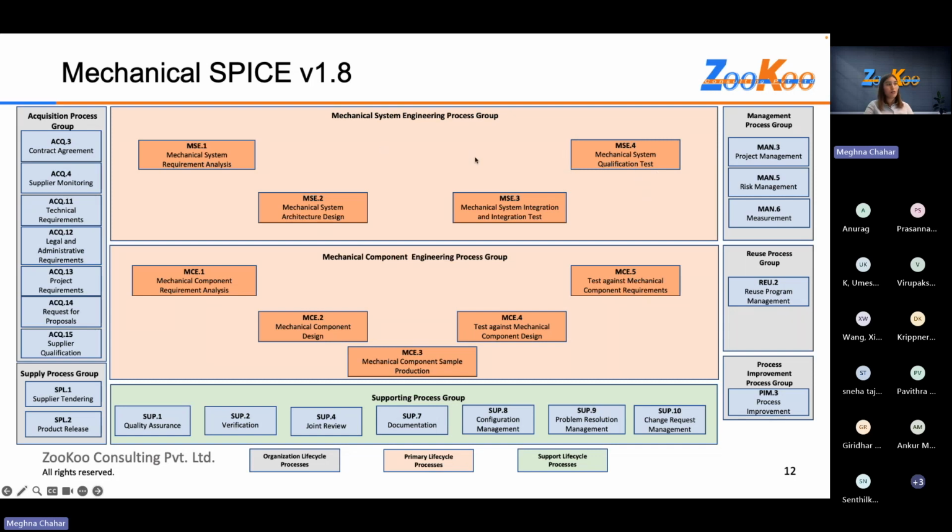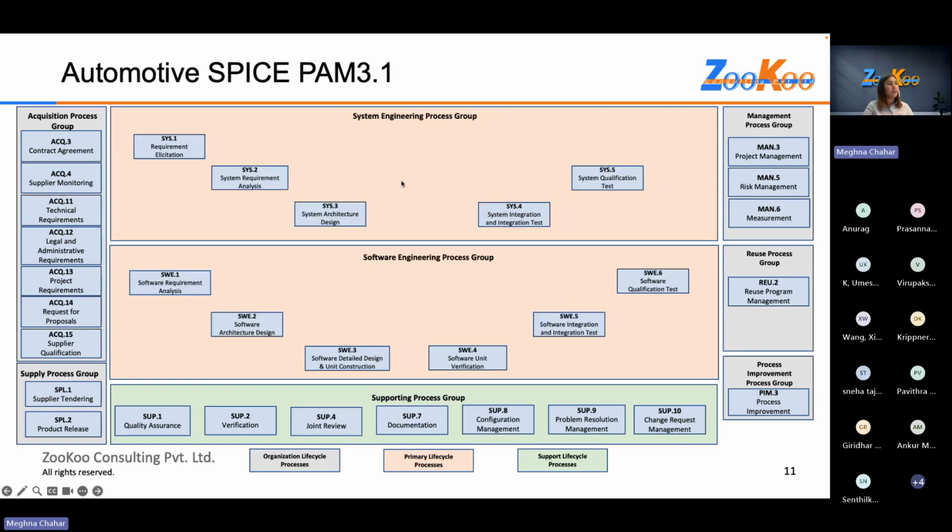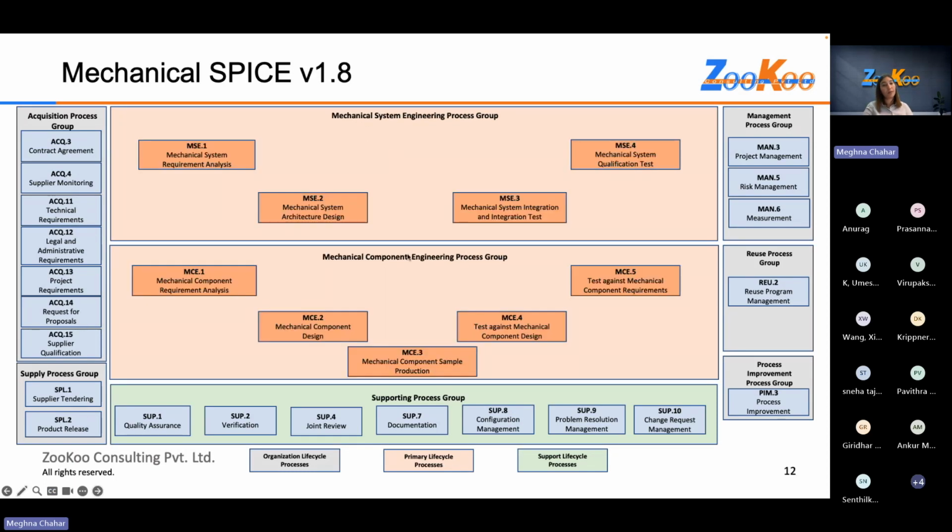At component level, we had 5 processes: component requirements, component design, sample production, test against mechanical components, and test against mechanical component requirements. So you can clearly see they simply replaced system and software with mechanical system and mechanical component.